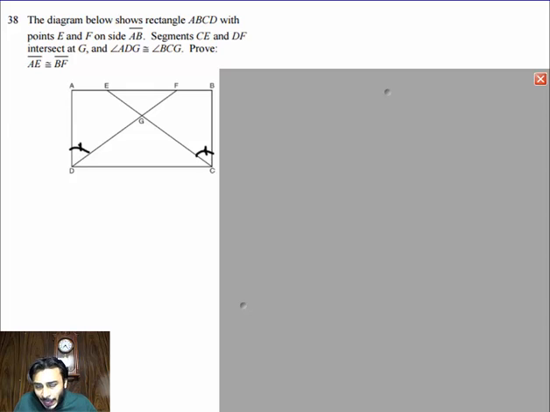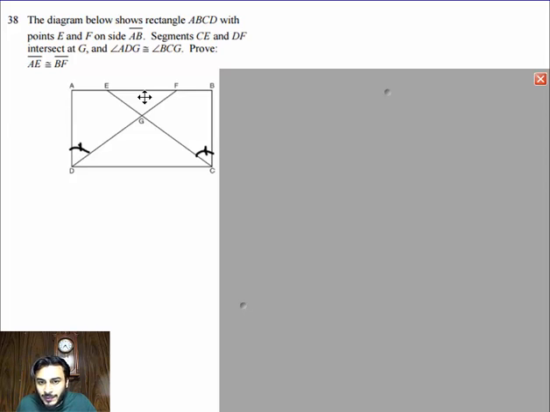So here's how I go about it, all right? I know that I'm trying to prove AE congruent to BF. Those are parts. So somewhere along the line, there's going to be a CPCTC, okay? So that's the first thing that pops into my head.